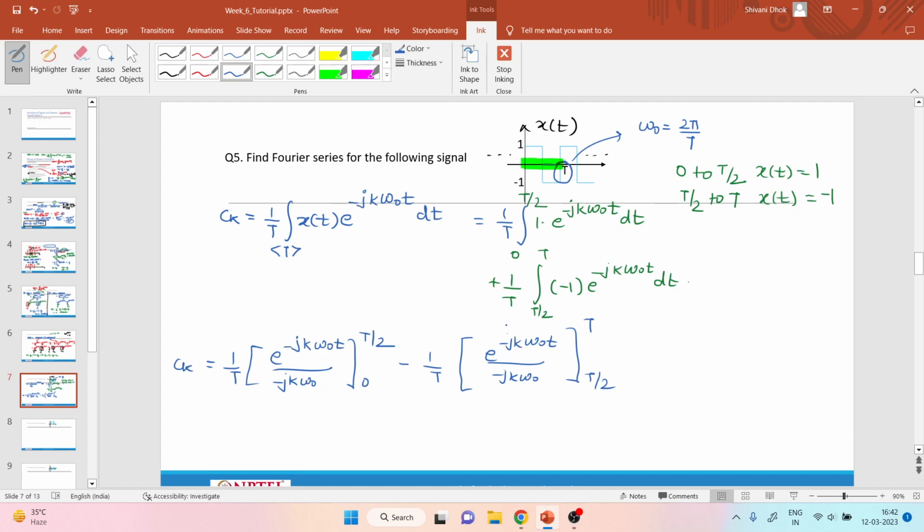So ck is equal to 1 by T, then it is e power minus j k 2 pi by T t upon minus j k 2 pi by T, from 0 to T by 2, minus 1 by T e power minus j k omega naught t, where this omega naught is 2 pi by T, upon minus j k 2 pi by T from T by 2 to T.